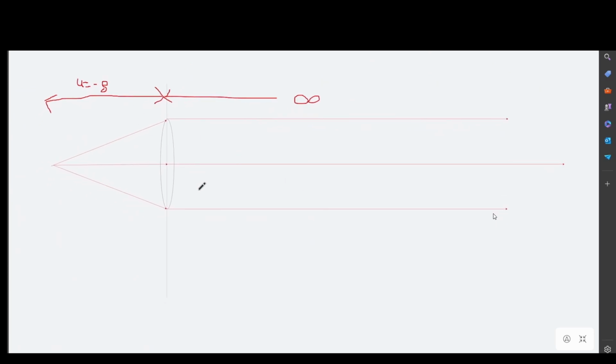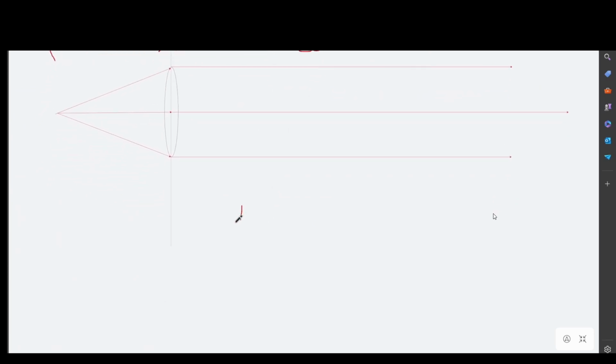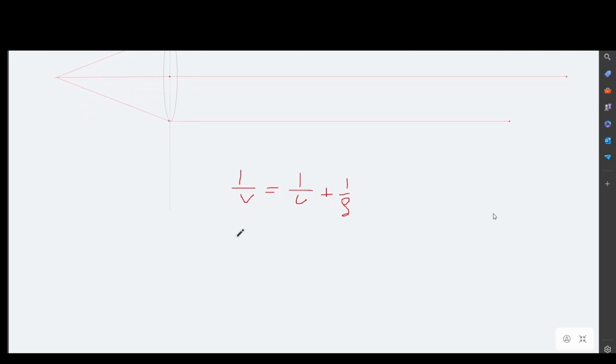Alright, so to prove this infinity, all we need to do is 1 over v equals 1 over u plus 1 over f. So flip this around to rearrange for v, and v equals 1 over, 1 over u plus 1 over f.